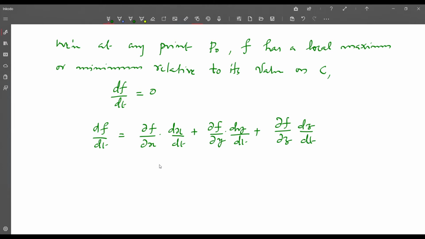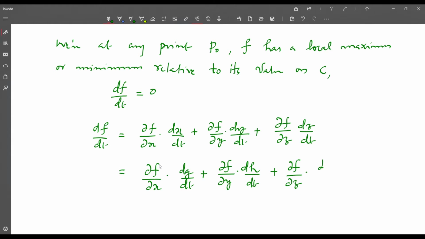On the curve C, x is g, y is h, and z is k. So this is equal to dou f by dou x into dg by dt plus dou f by dou y into dh by dt plus dou f by dou z into dk by dt.